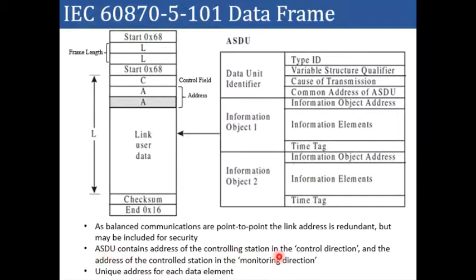When you have control direction, that is you are sending a command, then ASDU will contain the address of controlling station, and when you are acquiring the data, then the address will be the controlled station address. Important thing in the ASDU frame is that a unique address is provided for each data element. You might have seen each object will have a corresponding information object address.